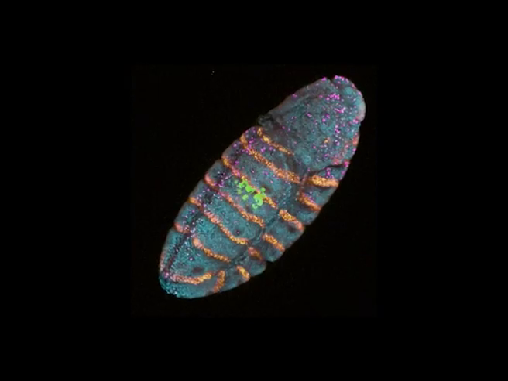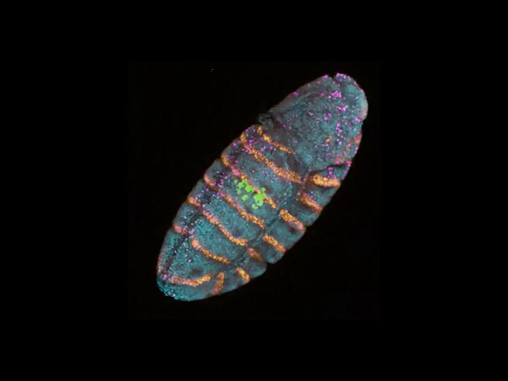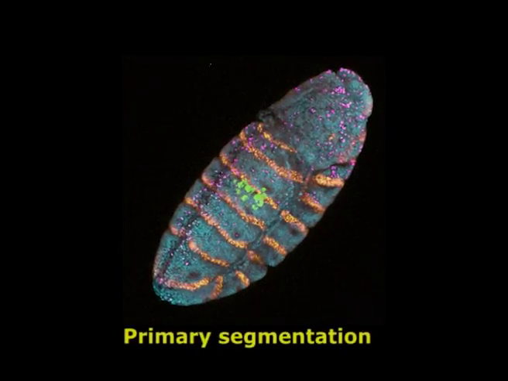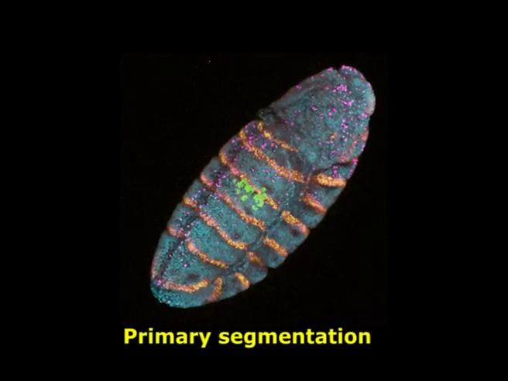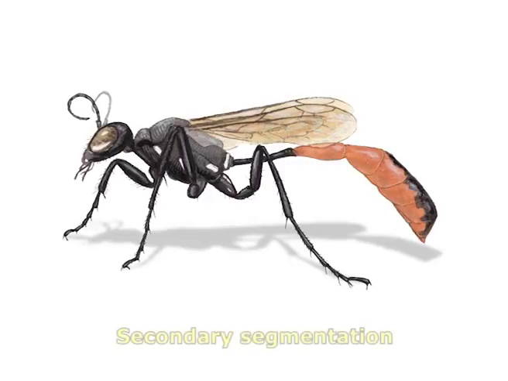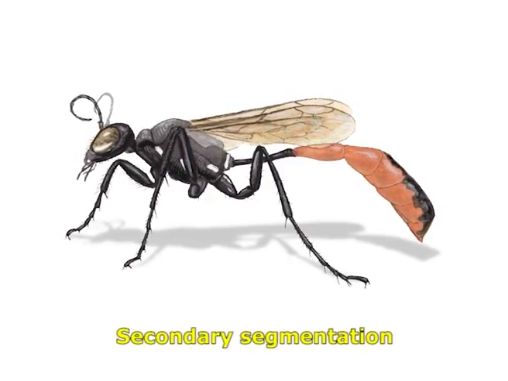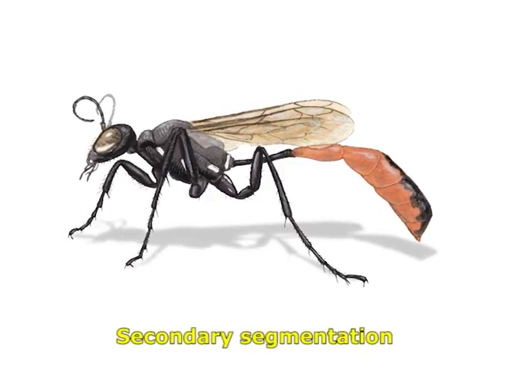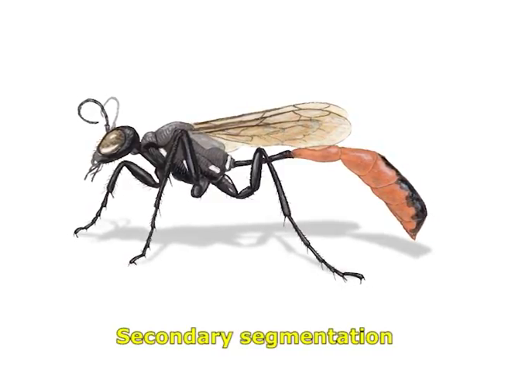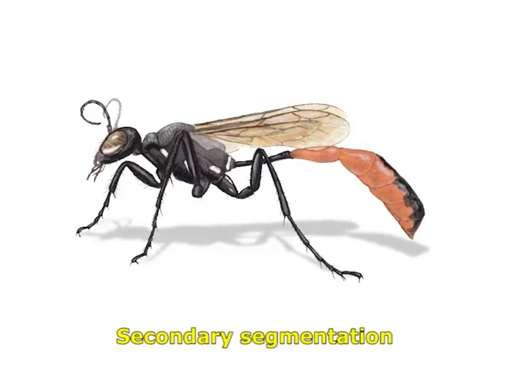The type of arrangement of these body segments in the embryonic stage is known as primary segmentation, while in adult insects it is known as secondary segmentation, which differs from primary in having a sclerotized membranous intersegmental region.